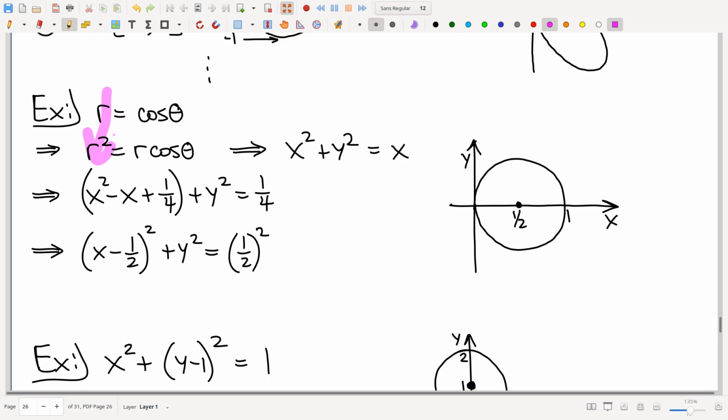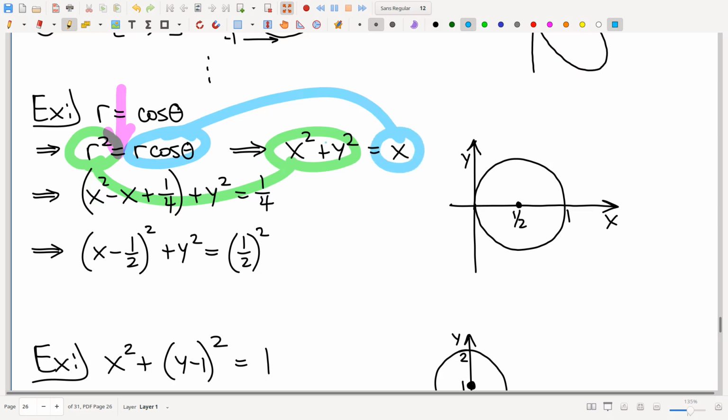So the slick move here: don't square both sides, just multiply both sides by r. Multiplying both sides by r turns this into r squared, which I can convert to rectangular easily, and then r cosine theta, which I can convert to rectangular easily. That's how this one happens to work out.